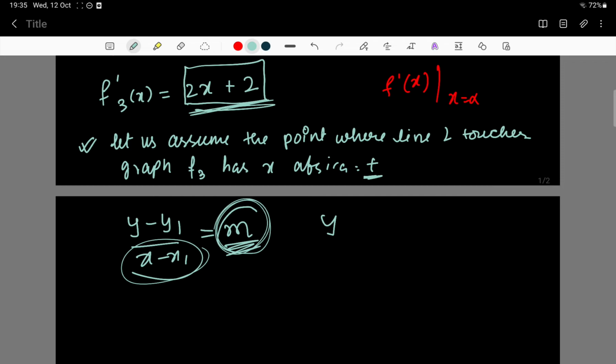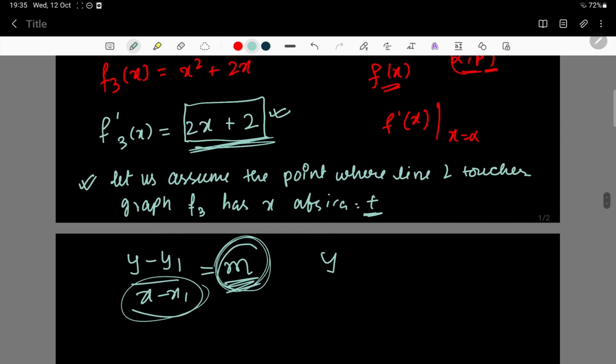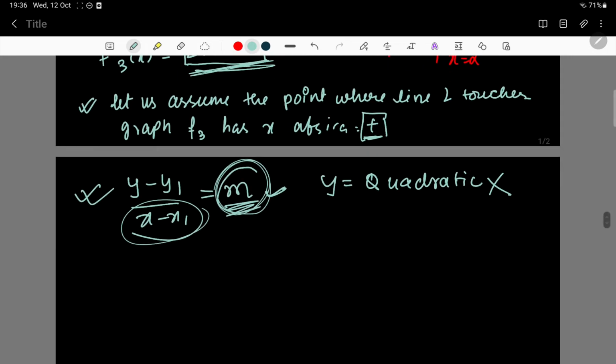Do you understand what I'm trying to say? m is here a fixed value, but you will get confused if you take this general form. How can a line have a quadratic equation? So to remove that confusion, we take this parameter t as x.